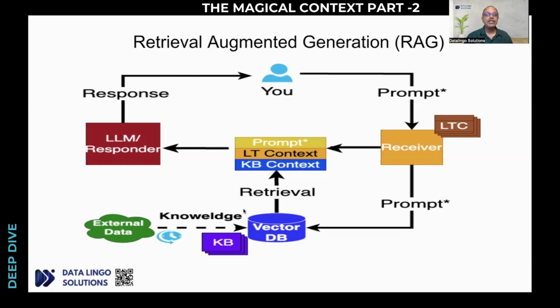The vector DB comprehends the prompt, retrieves relevant information from its knowledge base, and attaches it to the context. When the LLM receives the request consisting of the prompt, the context, and the additional information from the knowledge base, it has everything it needs to respond well.